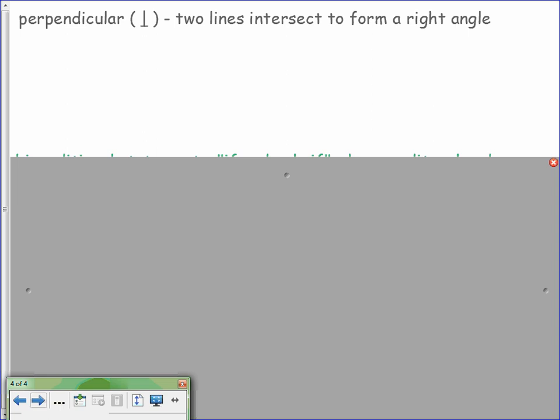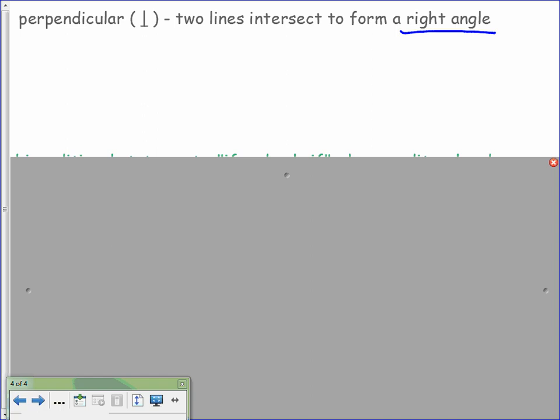Perpendicular. This is a huge definition to understand. The notation for perpendicular looks like an upside down capital T. Some people will write it with a box like that. But when you look in the text, it'll just be that upside down capital T. The definition is two lines intersect to form a right angle.